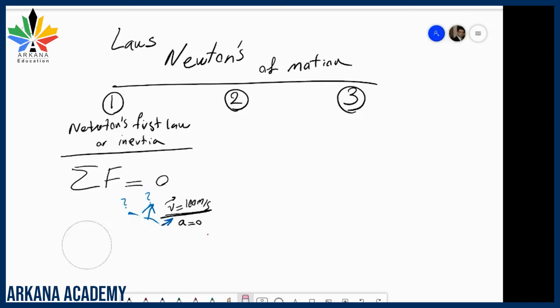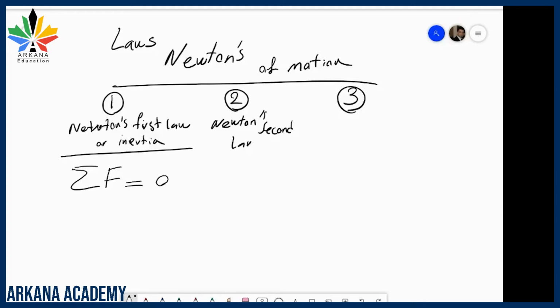Now, Newton's second law of motion speaks about the other type of movement. Newton's first law talks about objects that are not moving or moving with a constant velocity.